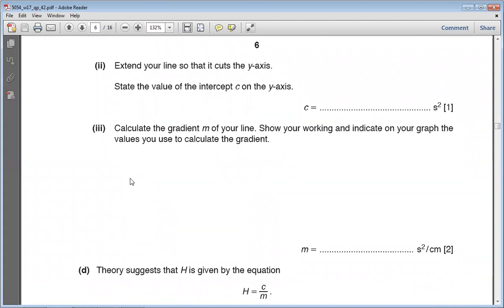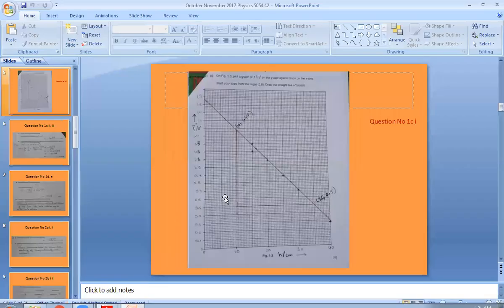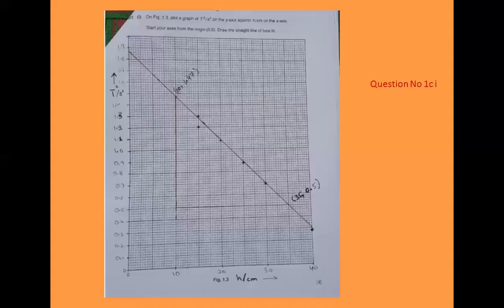State the value of the intercept C on the y-axis. And then it says calculate the gradient M of your line, show your working and indicate on your graph the values you use to calculate the gradient. Let me show you. The y-intercept will be this point, 1.8 and then I think 1.87.